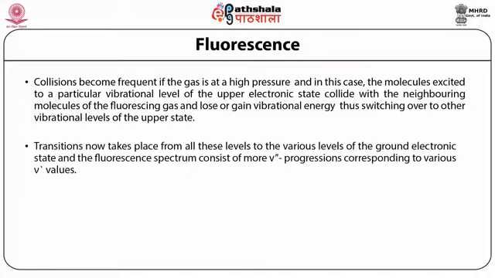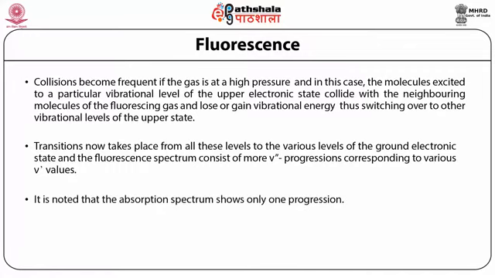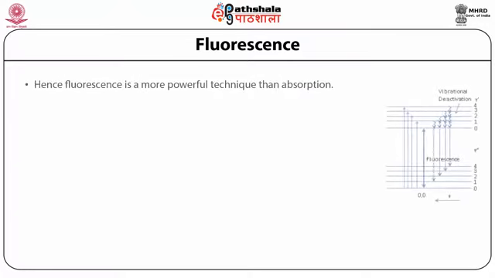Transitions now take place from all these levels to the various levels of the ground electronic state, and the fluorescence spectrum consists of more ν'' progressions corresponding to various ν' values. It is noted that the absorption spectrum shows only one progression. Hence, fluorescence is a more powerful technique than absorption.